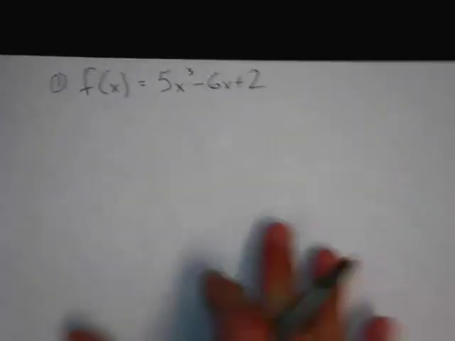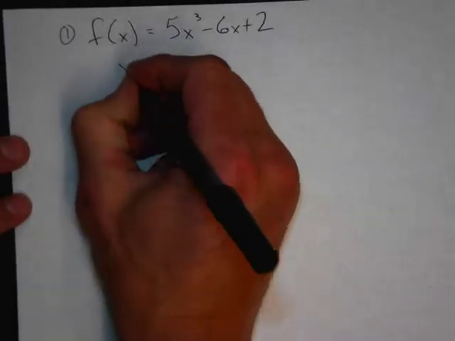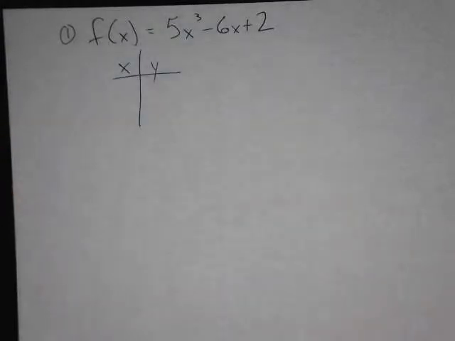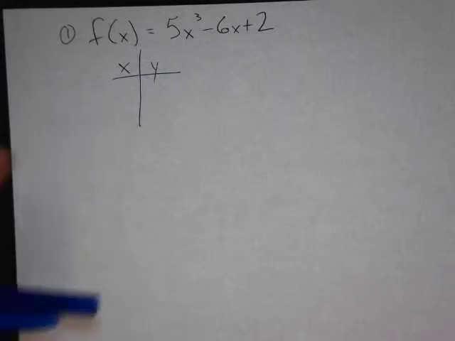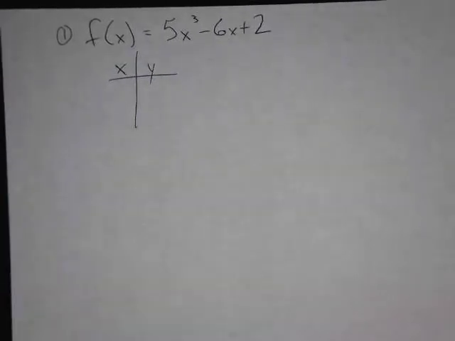The first way is using ordered pairs, using an xy table. Okay? If we use an xy table, we can then start to figure out, well, which one's which. So what we're going to do is very similar to the previous lesson on evaluating polynomial functions. You pick your value for x, plug it into the equation, and see what you would get back for y.